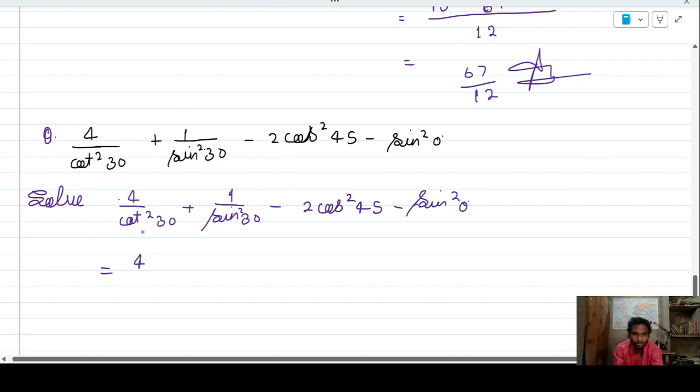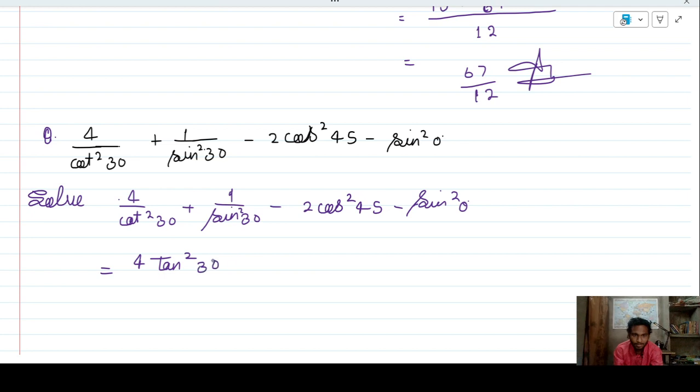This is the reciprocal of tan, so we write it as tan square 30, and this is the reciprocal of cosec square 30 plus 2 cos square 45 minus sin square 0.